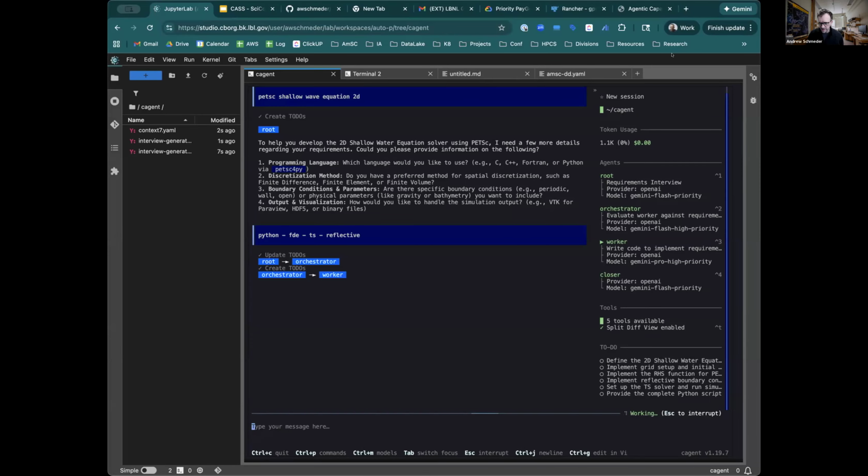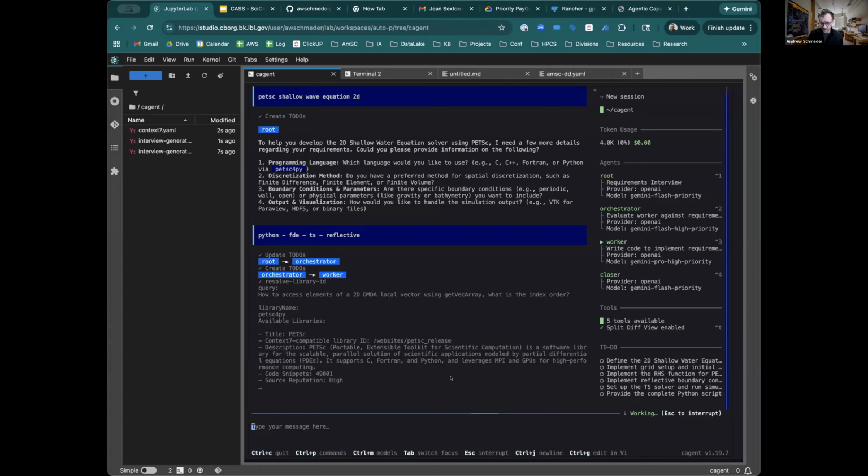So I think this is an interesting new direction in the scientific workflow, where potentially we can have multiple steps of an agent that can gather requirements, do research, write code, test it, and potentially do other steps like searching for data sets, retrieving and moving the data sets, setting up orchestrations.